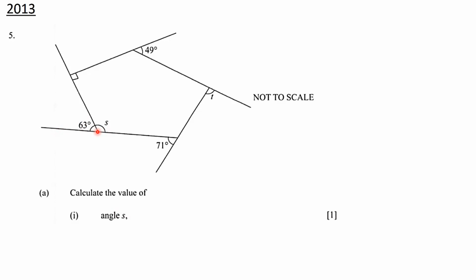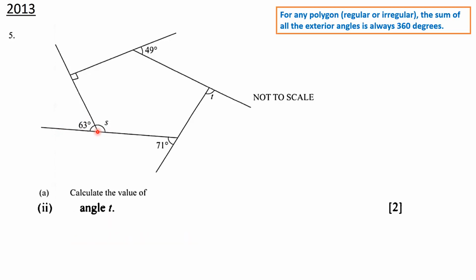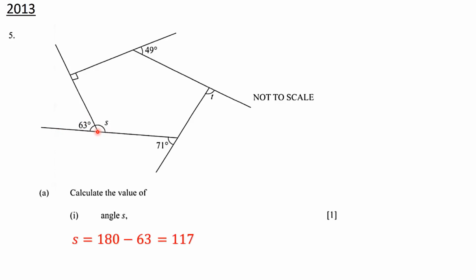That means this is perfect for us to apply our rule. The rule says that angles on a straight line at a common point add up to 180 degrees, which means that 63 and S should equal 180 degrees.